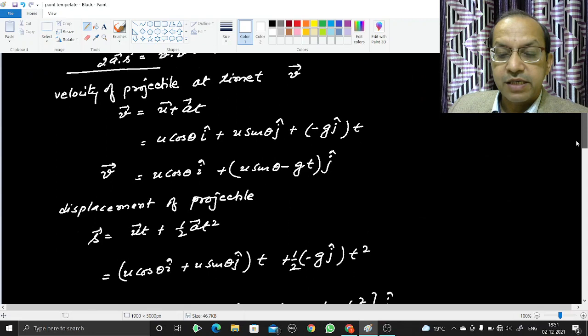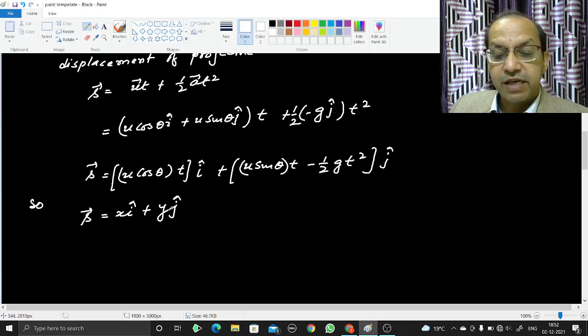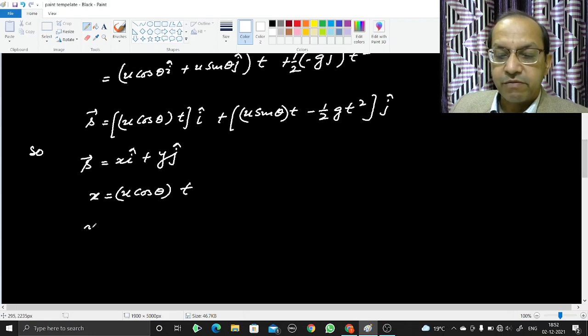That means s can be written as x i cap plus y j cap. x is the x component of displacement and y is the y component of displacement. By comparing, we can have x equal to u cos theta t, and the y component is y equal to u sin theta t minus half g t square.